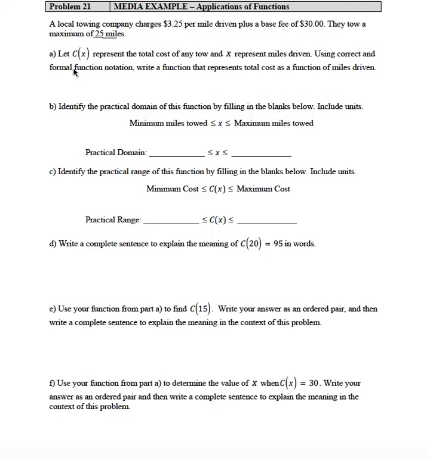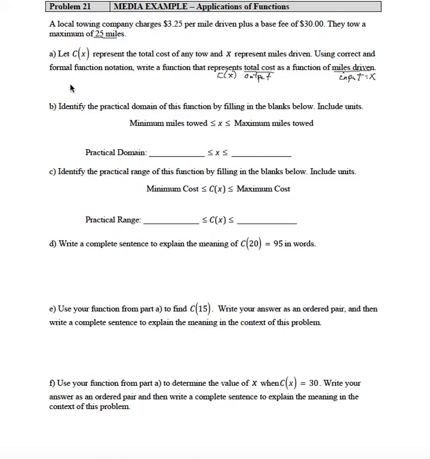Using correct and formal function notation, write a function that represents total cost, so that's going to be my output, as a function of miles driven, that's going to be input. So the input is going to be miles driven, which is x, and the output is going to be C of x.